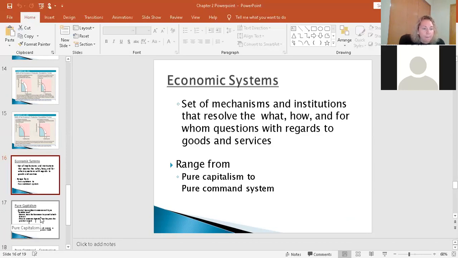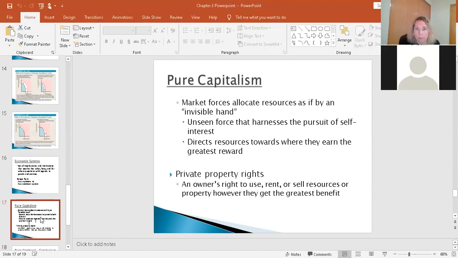All right, so let's talk about pure capitalism first. In its purest form, capitalism would be a system in which market forces, which are natural market forces that happen in an economy just because of natural human behavior and decision making, would allocate resources as if by invisible hand.